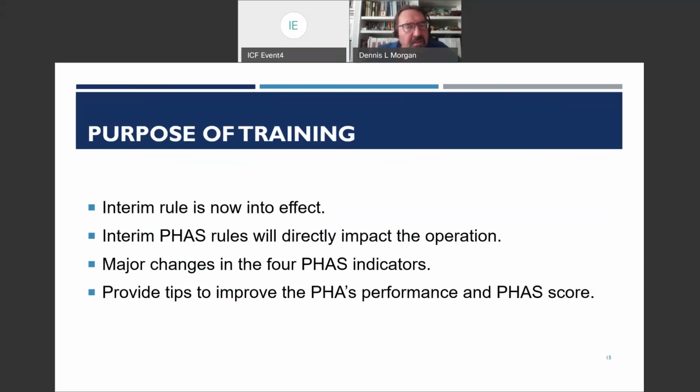And so these interim FASS rules directly also impact the operation. It made major changes in terms of the FASS indicators as well. It moved the scoring system around. It removed what was called the REAC. The REAC was a resident assessment subsystem that was worth 10 points in the original systems as well. So it removed REAC, and it replaced it with the CFP, the Capital Fund Program.